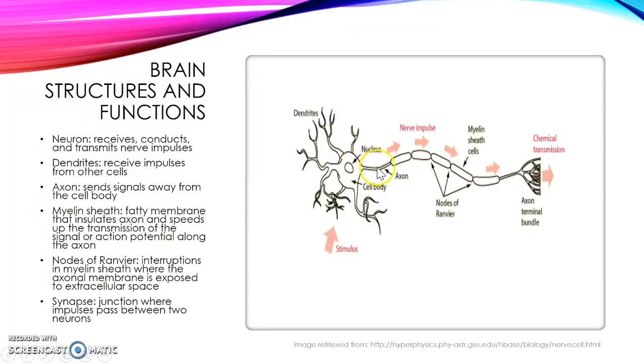There's the cell body. Then there's the axon, which threads through the myelin sheaths, which insulate each individual part of the axon. In between the myelin sheaths are the nodes of Ranvier. And finally, the chemical transmission continues through the axon terminal bundle.